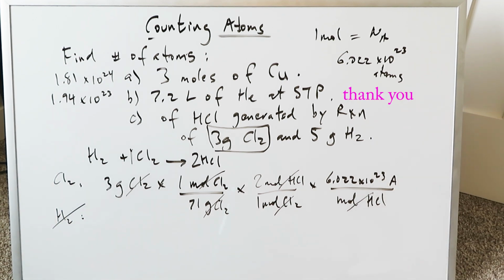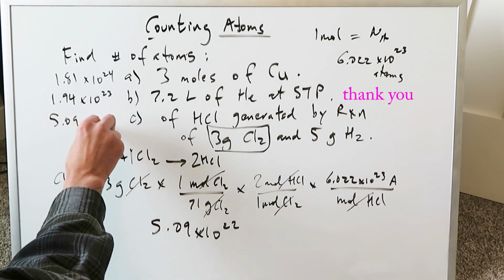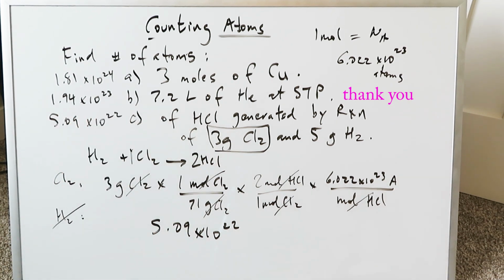So 3 times 2 times 6.022 exponent 23 divided by 71, I'm getting a value here of 5.09 times 10 to the 22 atoms, and that would be my answer. 5.09 times 10 to the 22 atoms, and the answer should be right.